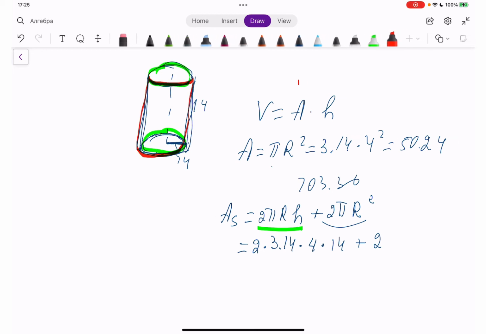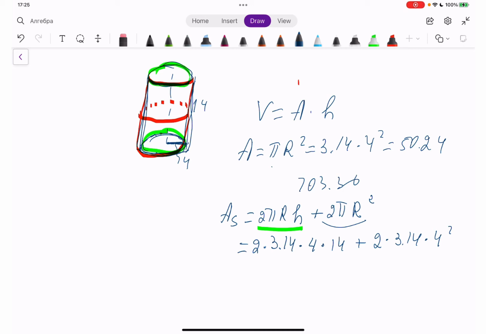Okay, and it's all around. So if I make this line like this, and so it's all around. Okay, so from here, what do we have? 2 times 3.14 times r squared, meaning 4 squared.